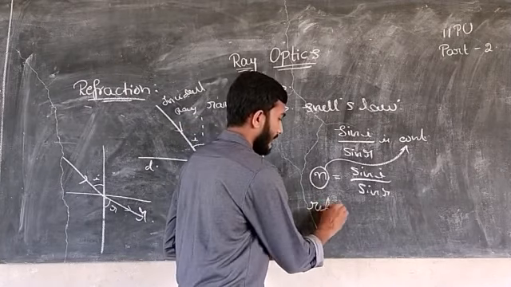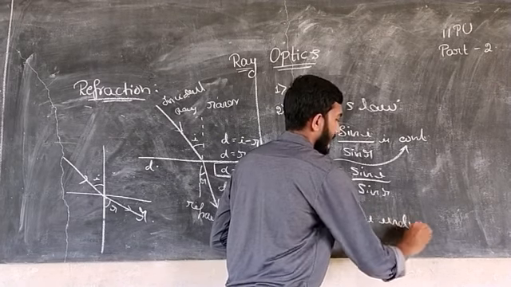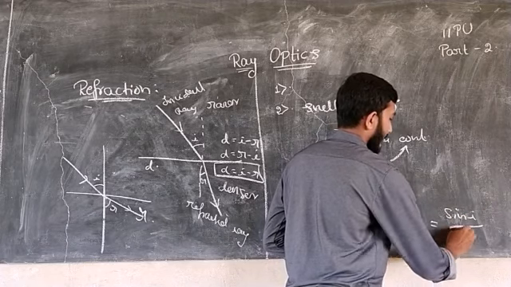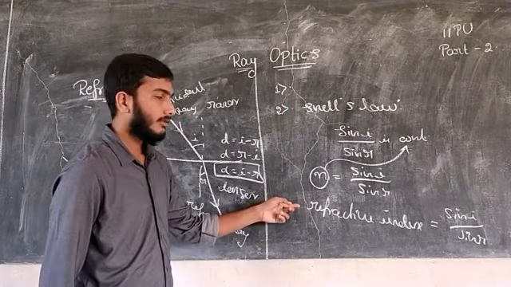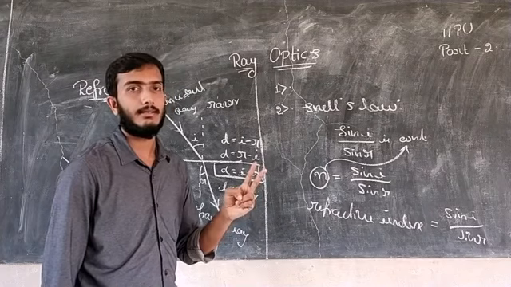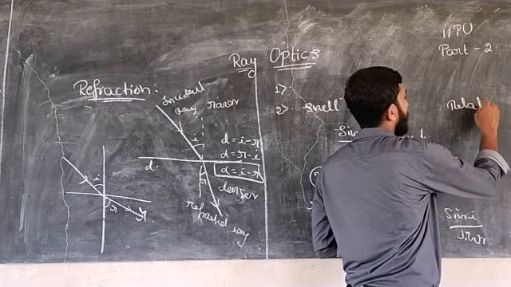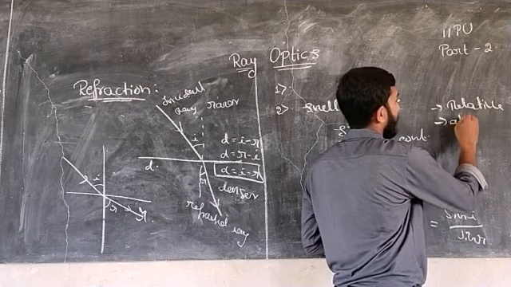That is, refractive index is equal to sin i divided by sin r. There are two types of refractive index: relative refractive index and absolute refractive index.